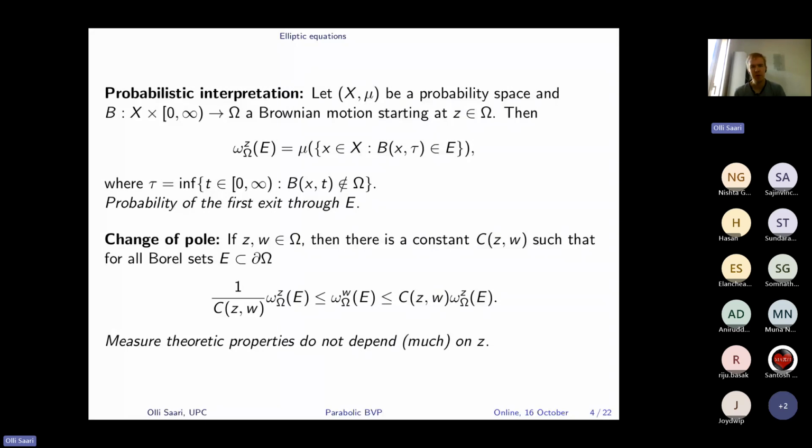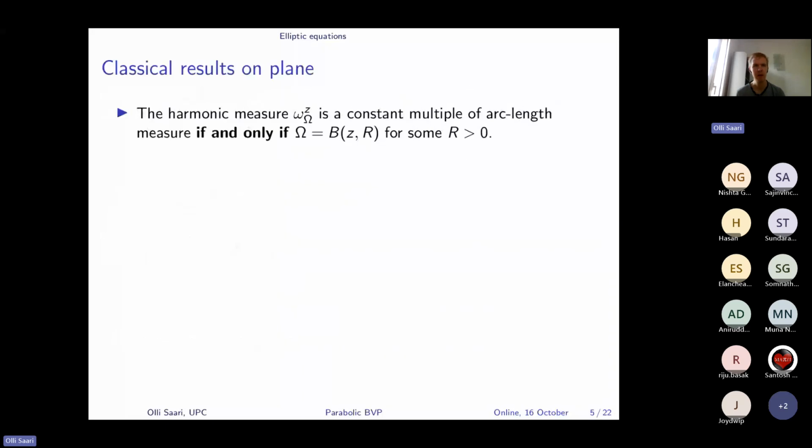And that's why some measure theoretic properties do not depend so much on the point Z. For instance, if we say that the measure is absolutely continuous, this is a thing which is independent of the point Z. And also properties like being in a Muckenhoupt class are also independent of the point Z. And that's why in what comes, we might be talking about harmonic measure without making reference to the point Z or W, because if the properties we talk about hold for one of them, it typically holds for all of them.